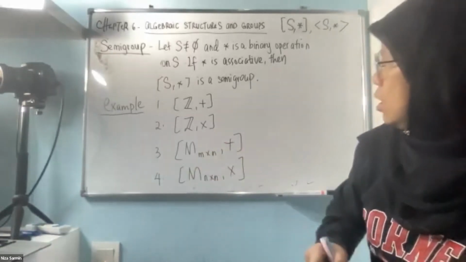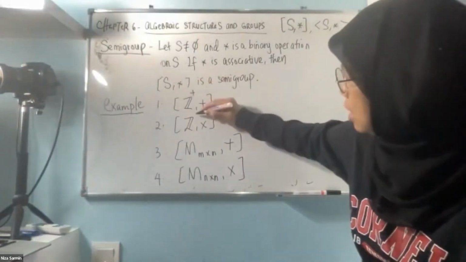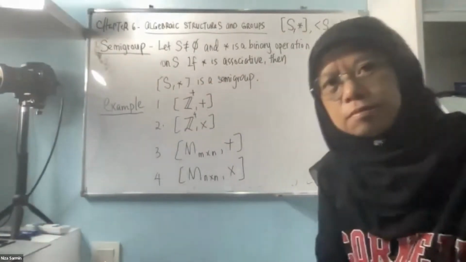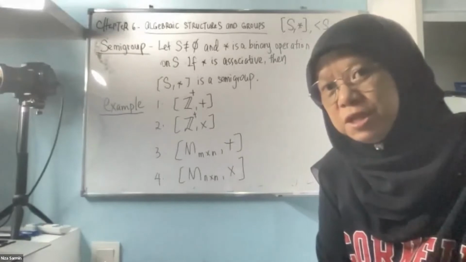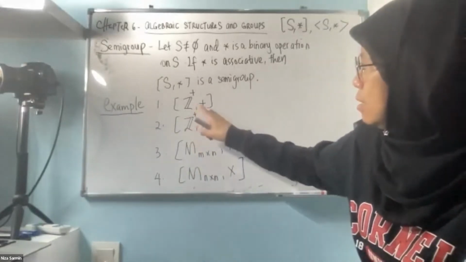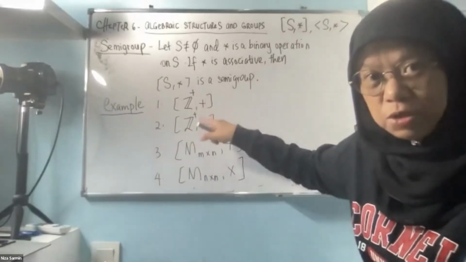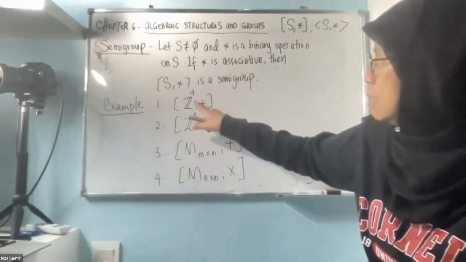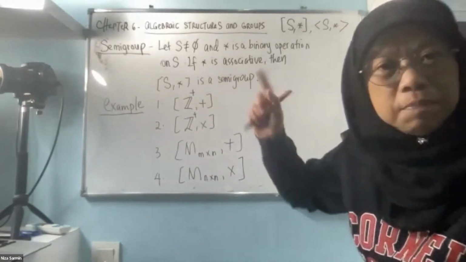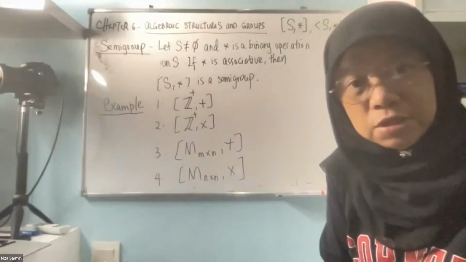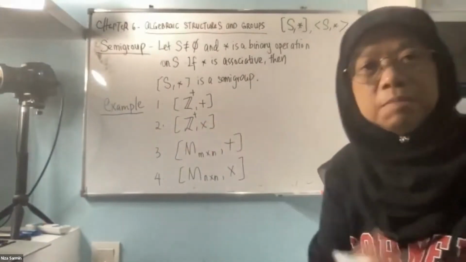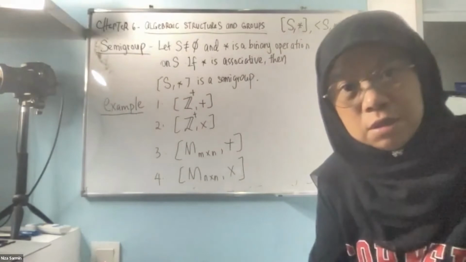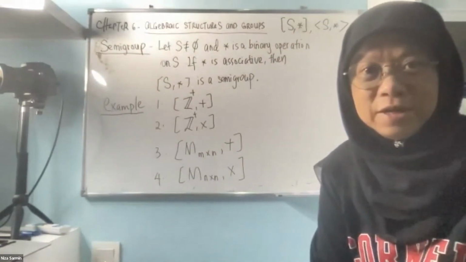So if I change this to the positive integers, okay, the operation is still associative, right? Because the operation does not change. Positive integer plus positive integer is a positive integer. Positive integer multiplied by positive integer is a positive integer, right?